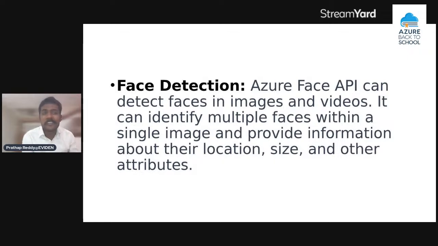The term is different, but it looks like face detection. For example, I'm Prathap Reddy from India. With face detection, the Face API can capture Prathap's photo, and it can capture Van and Smith, wherever you are, in different formats and different scenarios as well.